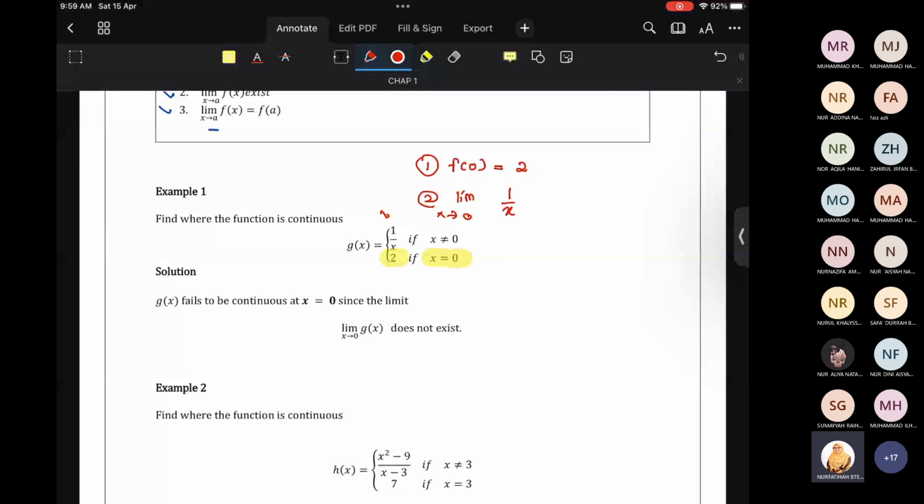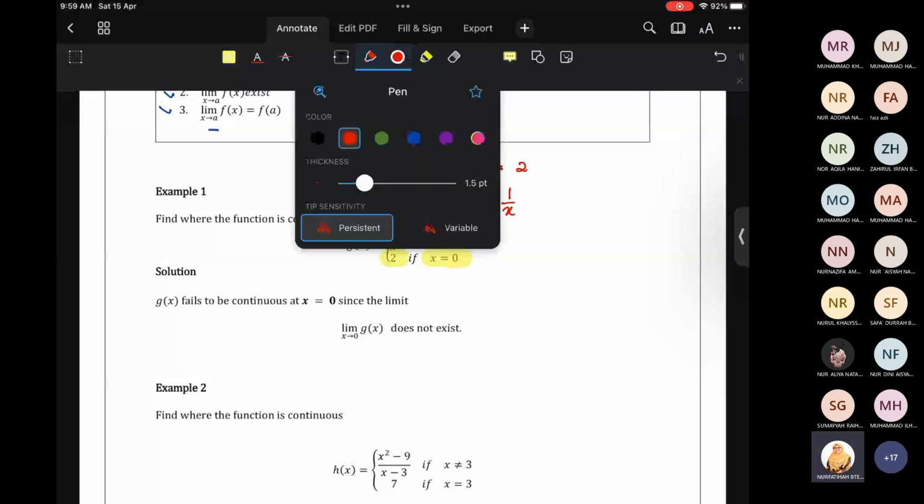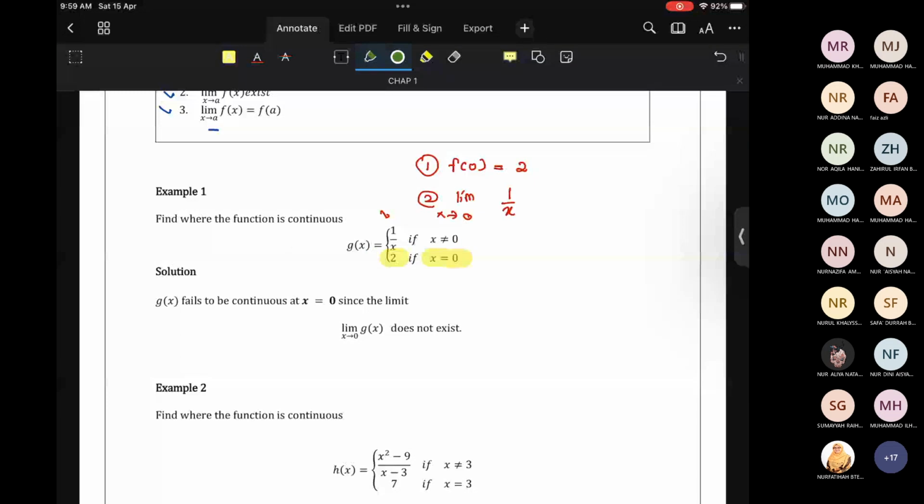You still remember how to find the limit for 1 over x when x approaches 0? Ingat lagi? Infinity.